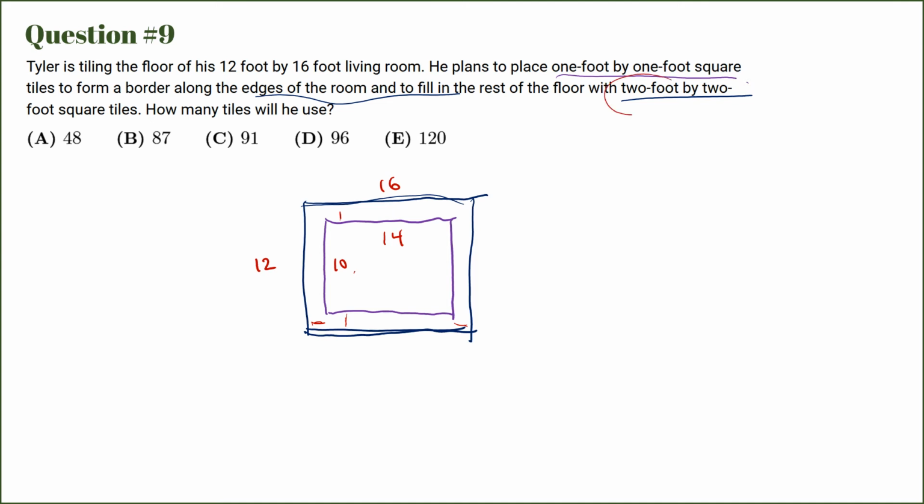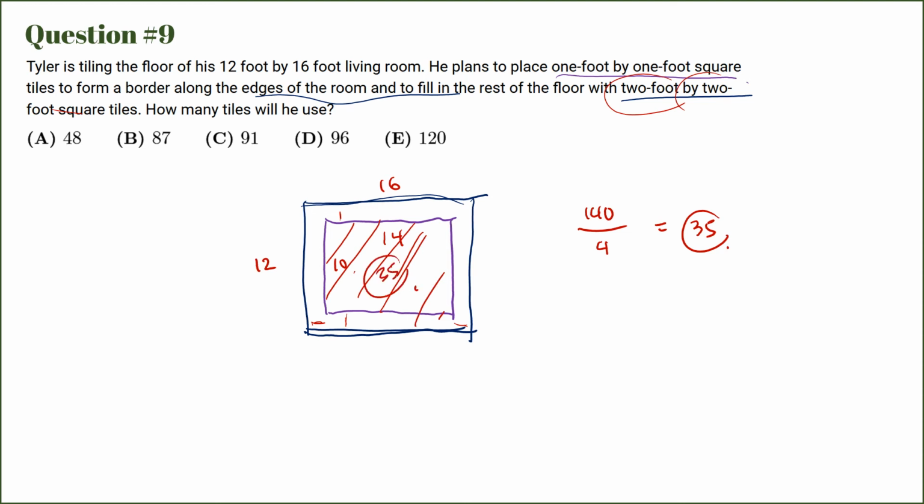And each 2-foot by 2-foot tile has an area of 4. So let's divide 140 by 4. So that equals 35. So he uses 35 in the interior of this rectangle, so that would be 35 tiles.